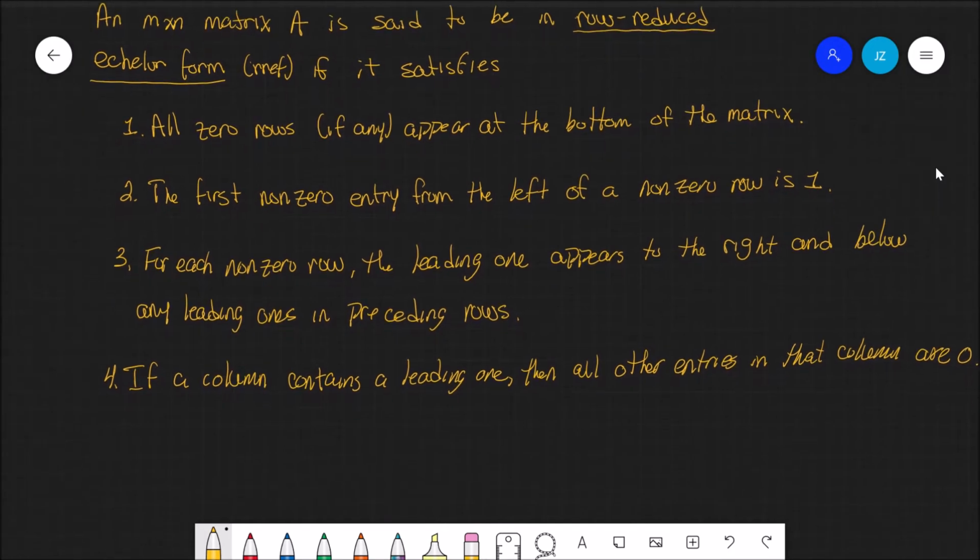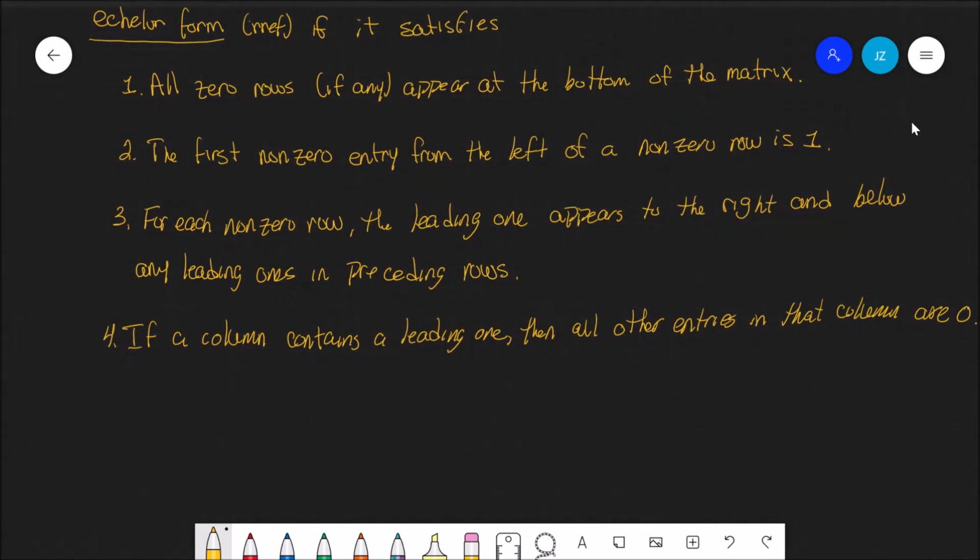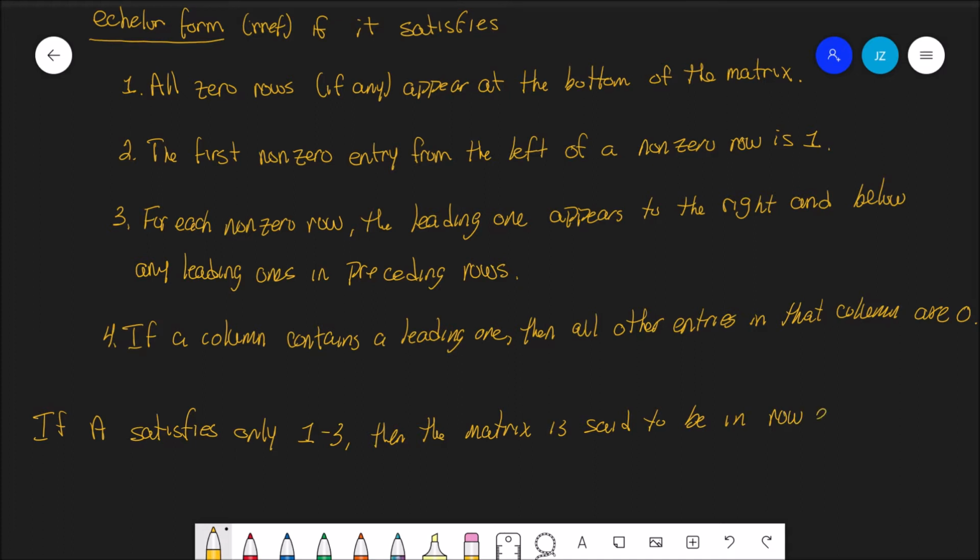If the matrix satisfies properties 1 through 3, then the matrix is said to be in row echelon form. Or simply REF.